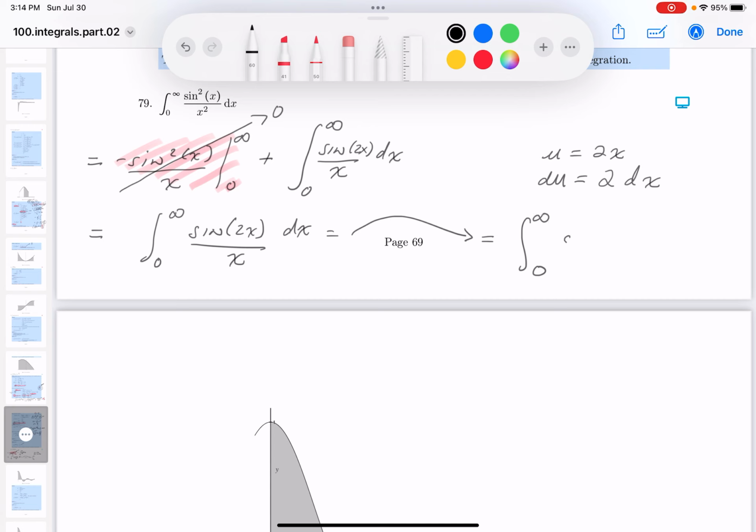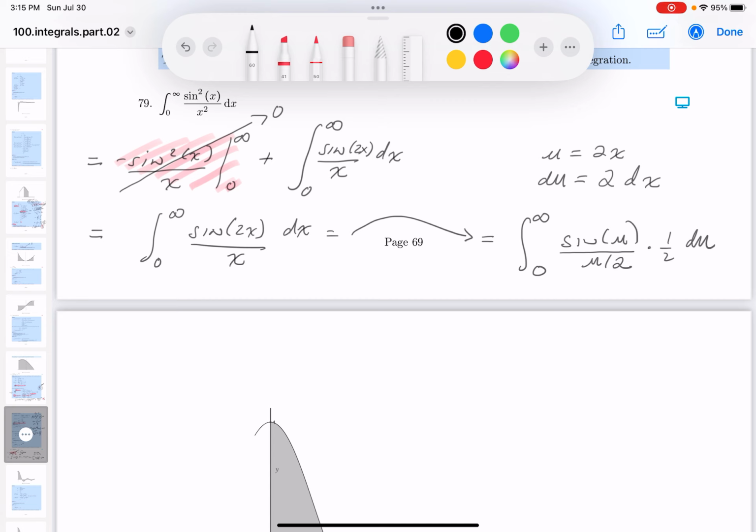You get sine of u. And on the bottom, what do you get? Well, what's x going to be? It's going to be u over 2. I made a mistake there, so the dx is going to be 1/2 of the du.